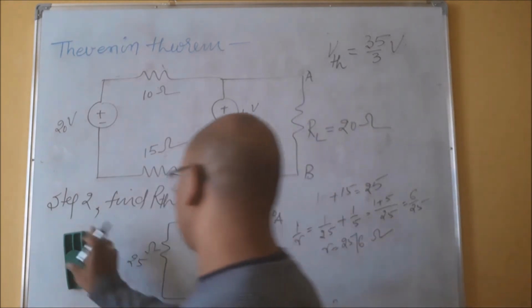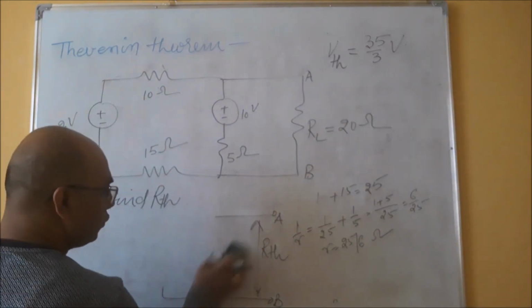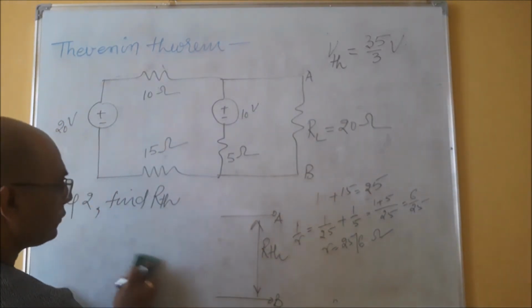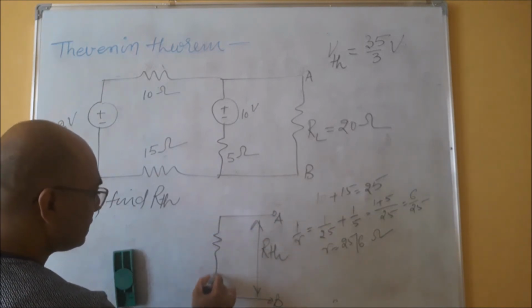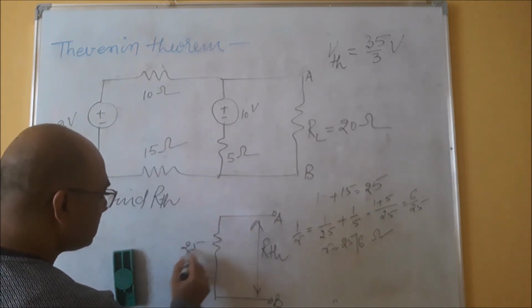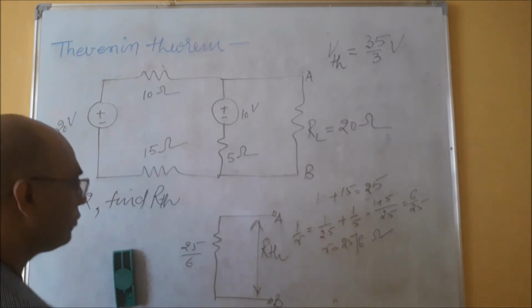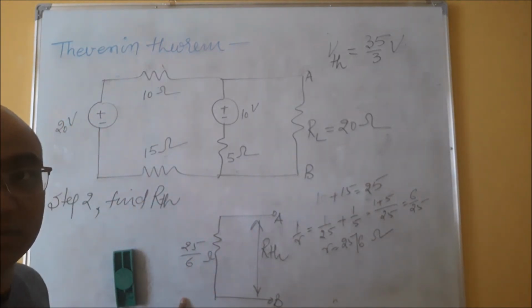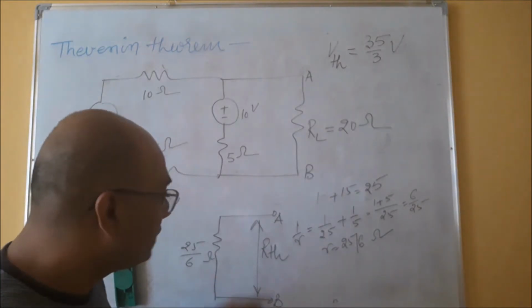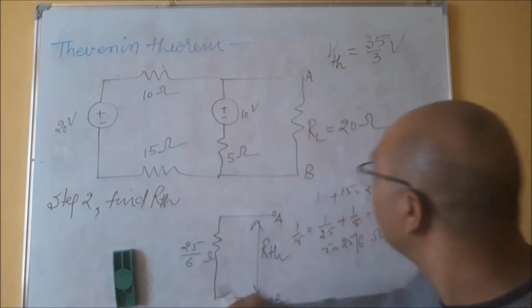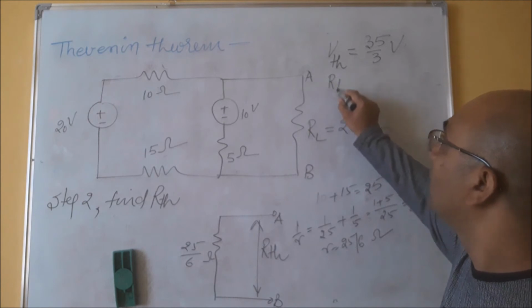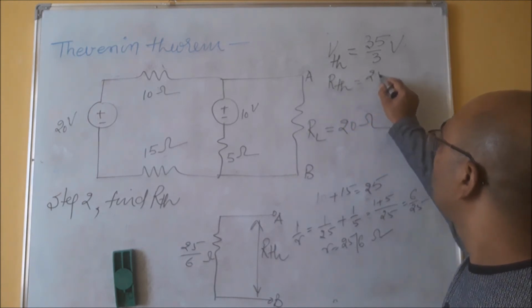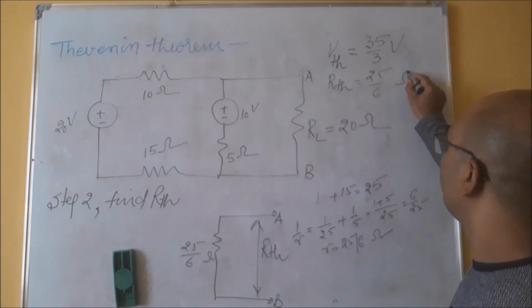This means if I remove these two, I can write the value of this resistance as 25 upon 6 ohm, and this is the value of RTH. So RTH is 25 upon 6 ohm.